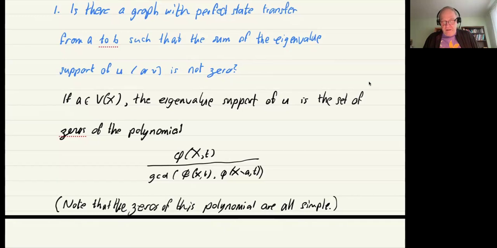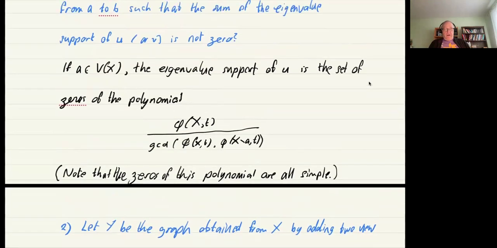The zeros are probably simple, so you can compute this polynomial in exact arithmetic. And the code for computing characteristic polynomials functions on quite large matrices, hundreds of vertices, whereas the eigenvalue routines are not going to get you that far. So that's the first question.